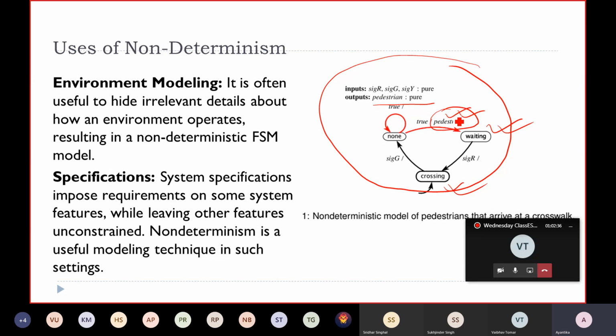And here you can see this is the pedestrian output this FSM is giving, and this output is getting percolated to my traffic light configurator. Okay.